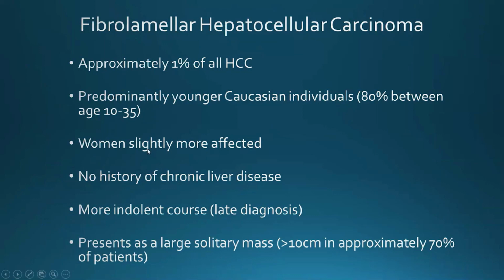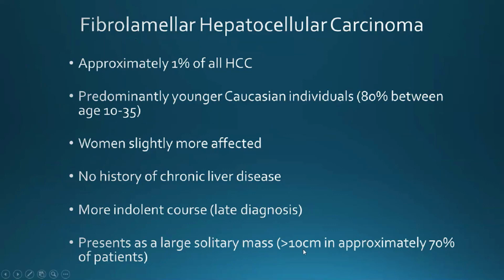Women are slightly more affected than men, and there is no history of chronic liver disease as we discussed, and a very indolent course, and we usually diagnose them very late. They usually present with a palpable mass in the right upper quadrant area.